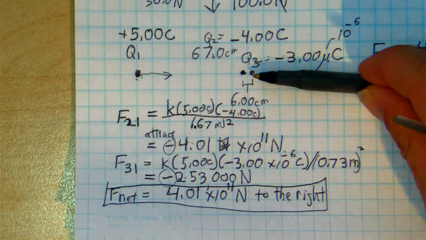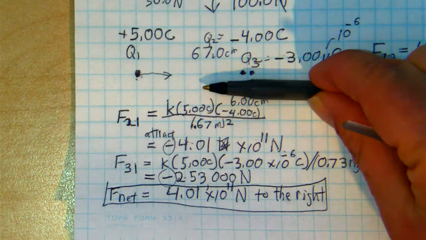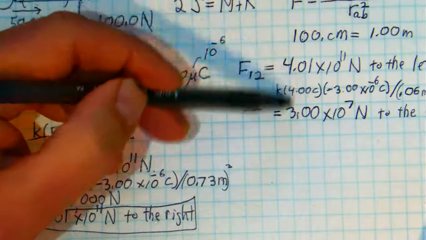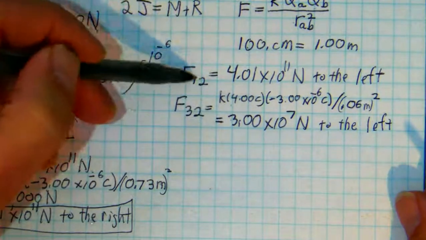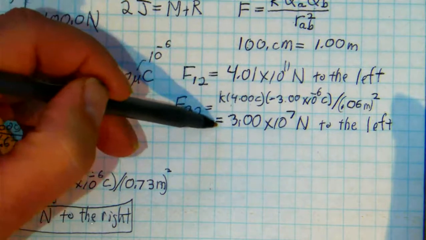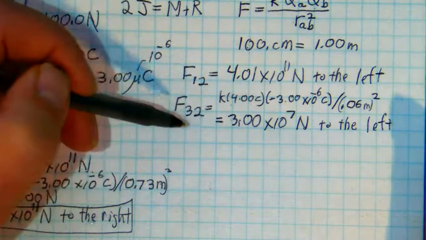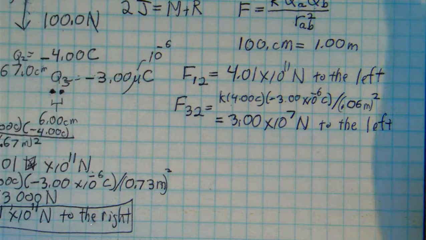Q3 is pushing Q2 to the left. So both of these forces end up being to the left. Even though your calculator said this was a minus sign and this one's a plus sign, the geometry says, oh no, they are both going to the left.